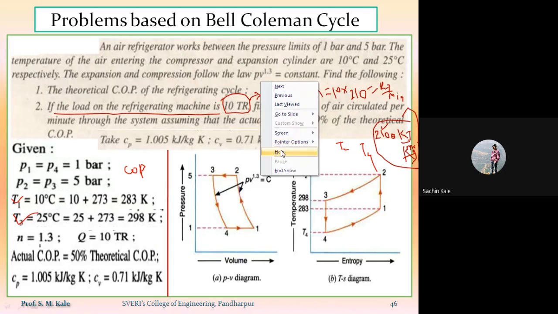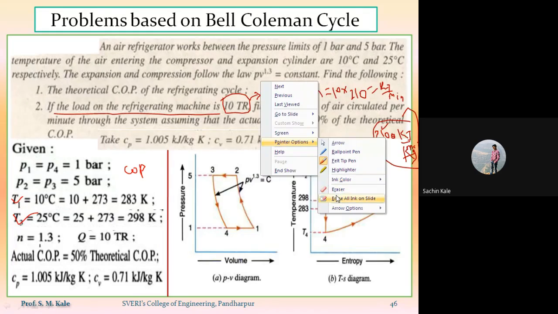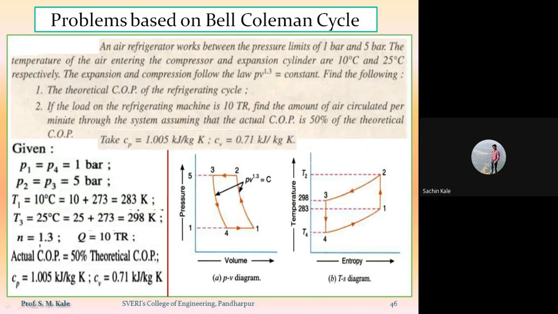So here, if you see the problem statement, the load on the refrigerating machine is 10 TR. That means they have given the capacity of the refrigerating machine, which is 10 TR, equal to 2100 kilojoule per minute. So we have to find out the amount of air circulated per minute, that is the mass flow rate of the refrigerant, because here air is used as a refrigerant in the case of the Bell-Coleman cycle as well as the reverse Carnot cycle.